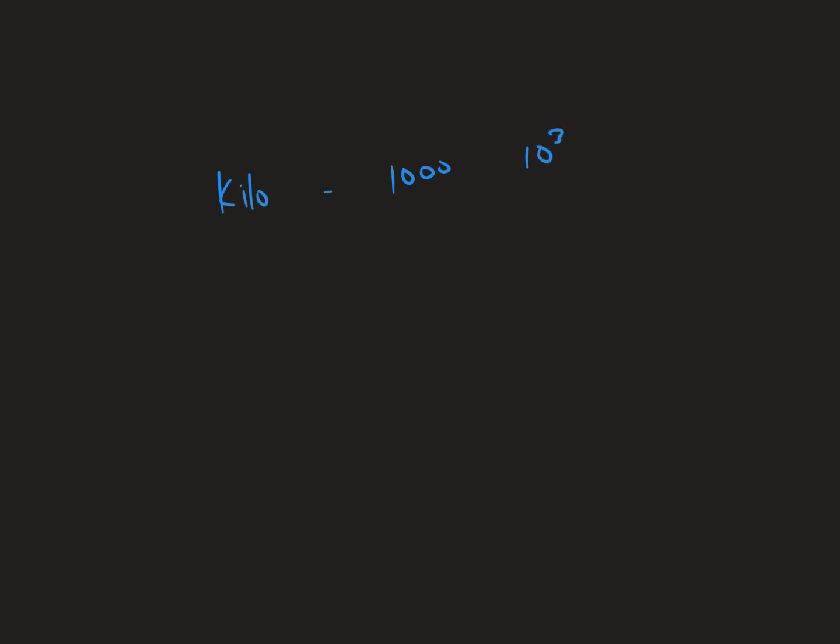And then centi is probably good to know, and that is a 100th, from 10 to the negative 2, right? And again, it's kind of like, do I know everybody's name in here?